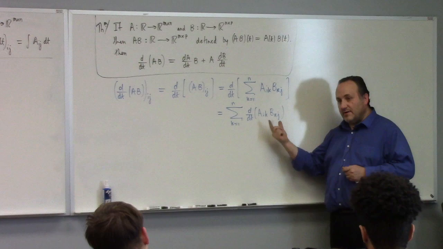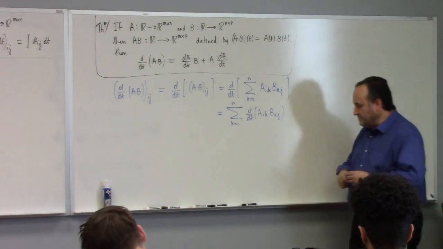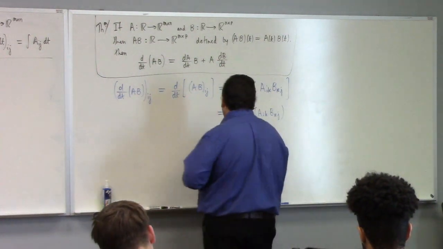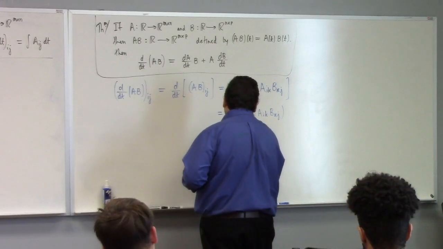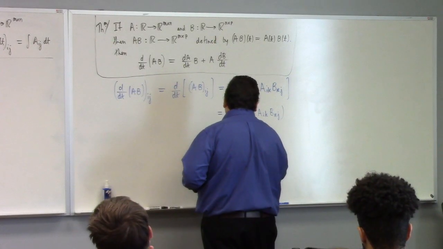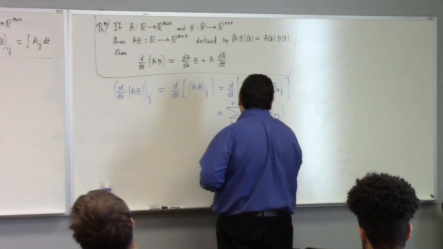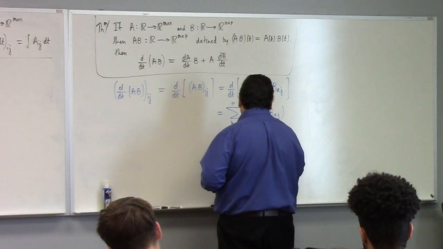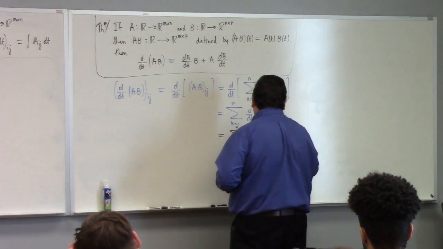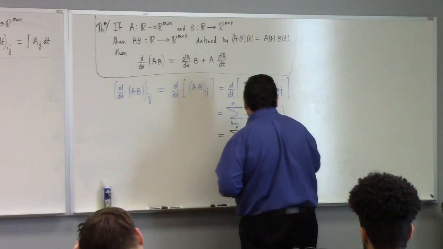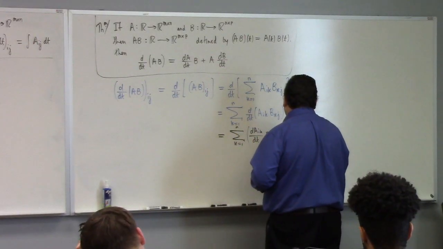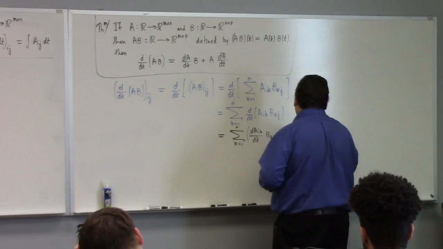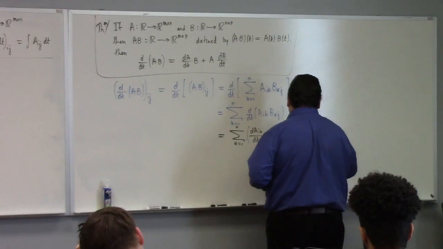So by the ordinary product rule from Calculus 1, I can rewrite this as the sum, k equals 1 to n, of daik/dt times bkj plus aik times the derivative of bkj with respect to t.